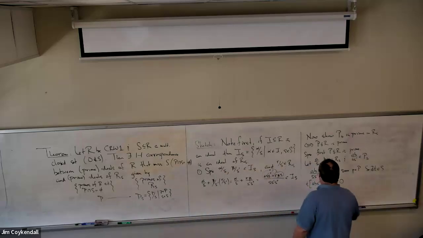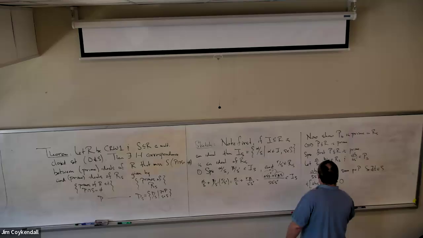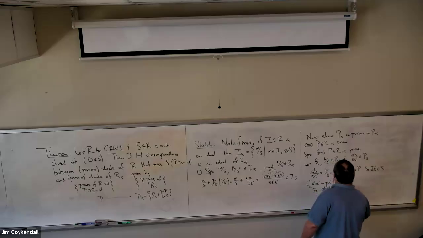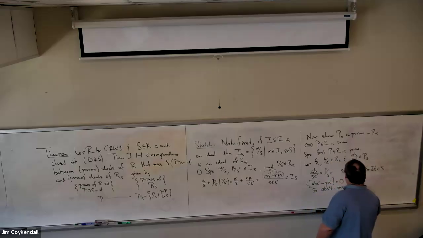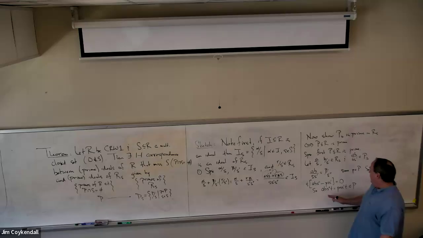So this means that if I multiply this out and take this over to the other side, I get a b s double prime t is equal to p s s prime t. Now notice this is taking place at the R level, so this is in R.